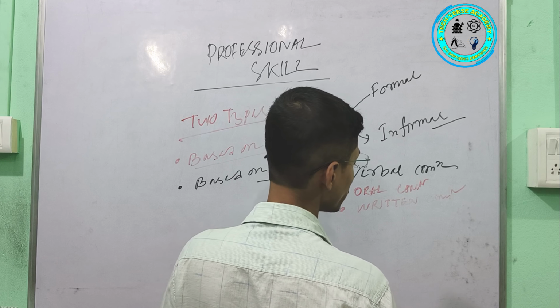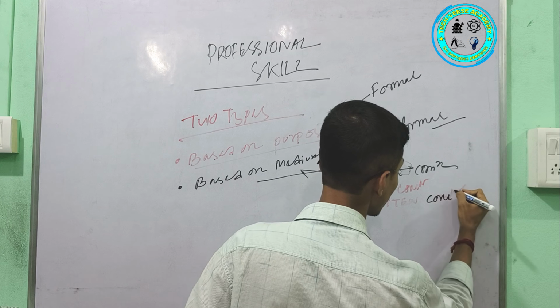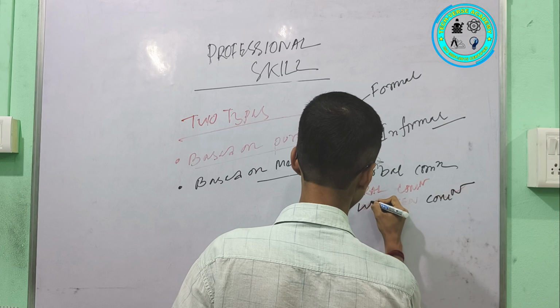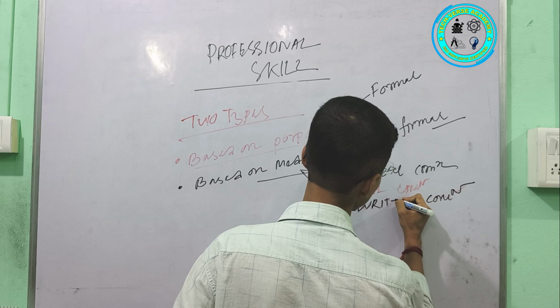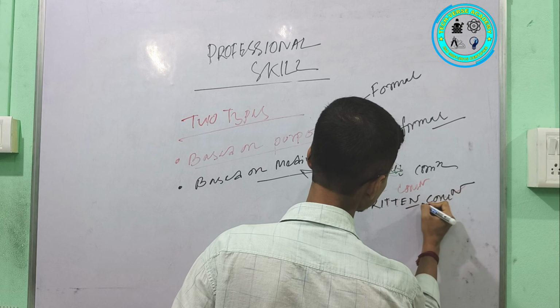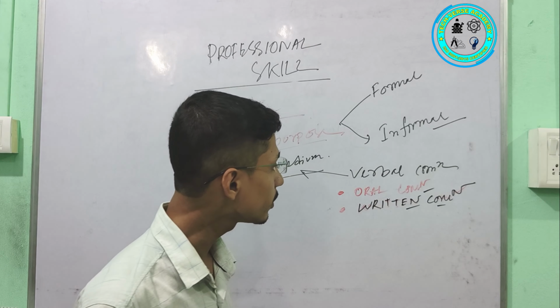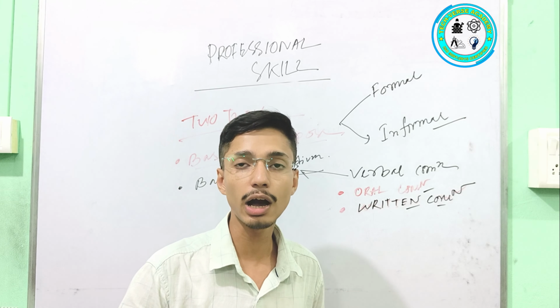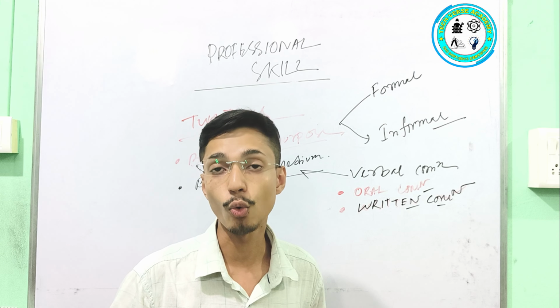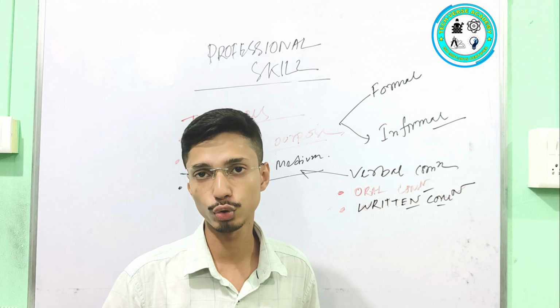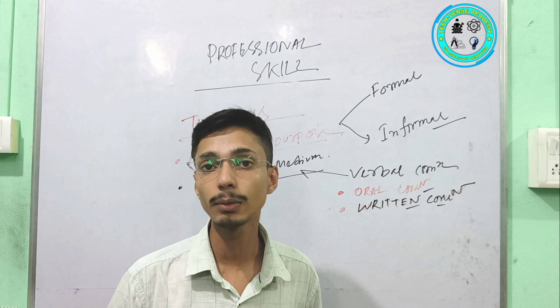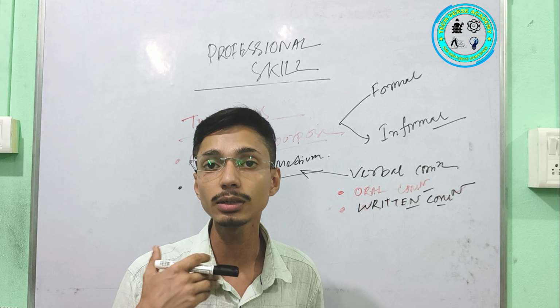So what does it mean by oral communication and written communication? We can know the answer from these two terms. Oral means what? Oral means our voice. Oral means our mouth, through which we can complete our communication process.